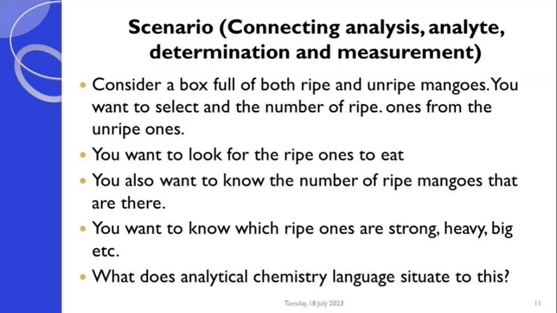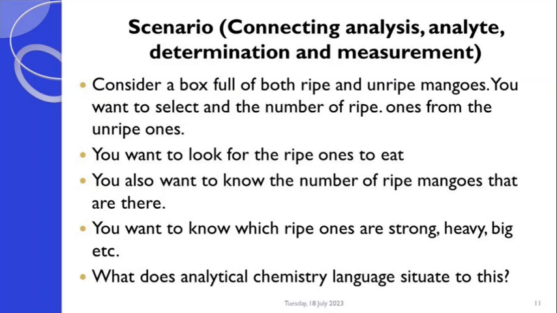Our goal is to look at which ones are ripe in order for us to consume them. Even though we are looking at eating the ripe ones, we want to know the exact number of the ripe mangoes that are in there.